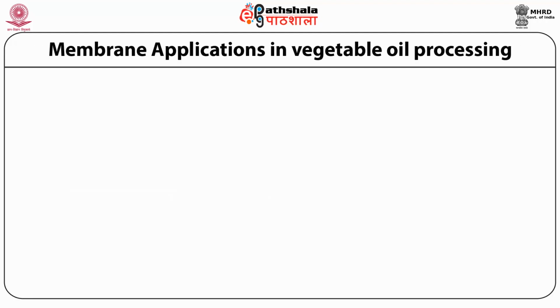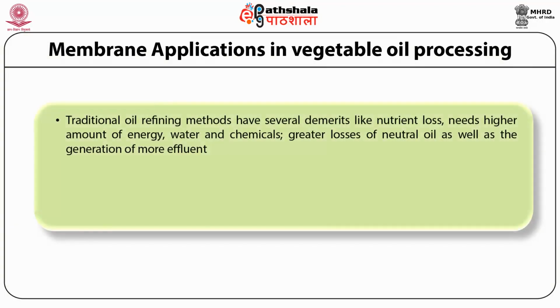Membrane application in vegetable oil processing. Traditional oil refining methods have several demerits like nutrient loss, need for a higher amount of energy, water and chemicals, greater losses of natural or neutral oil, as well as the generation of more effluent.